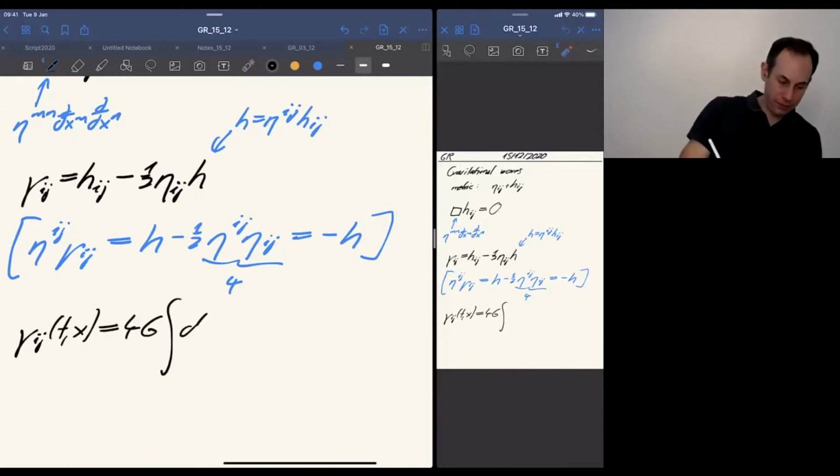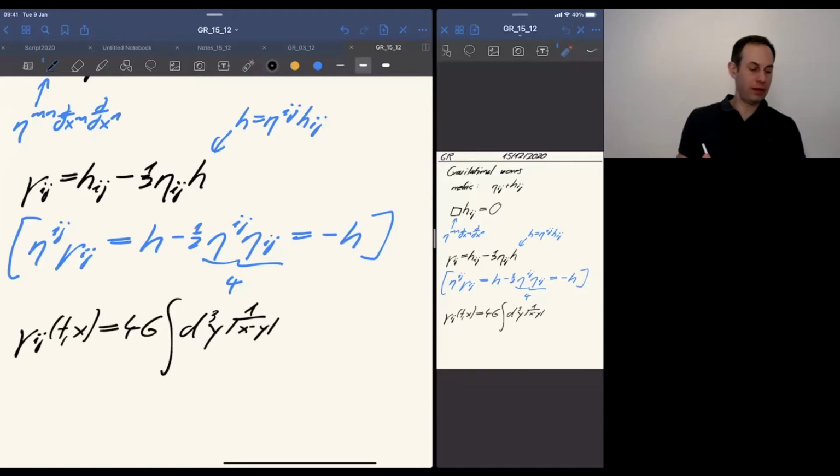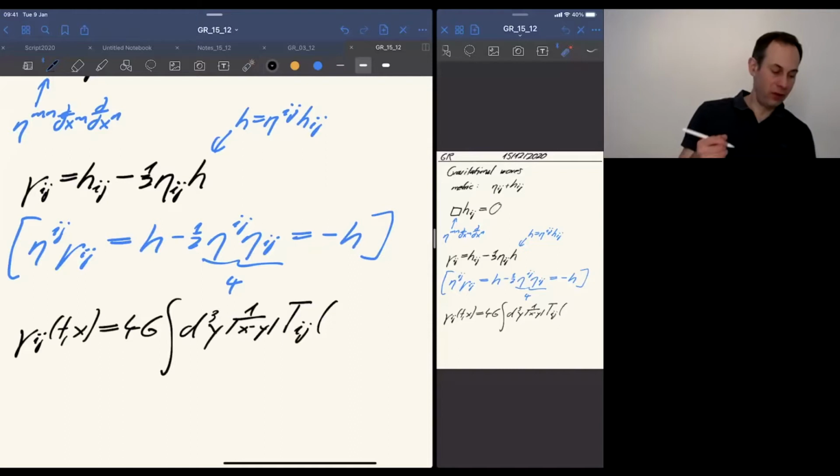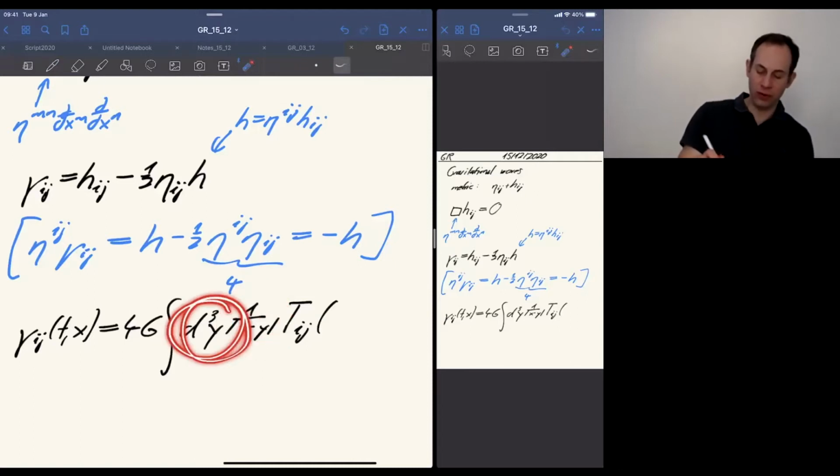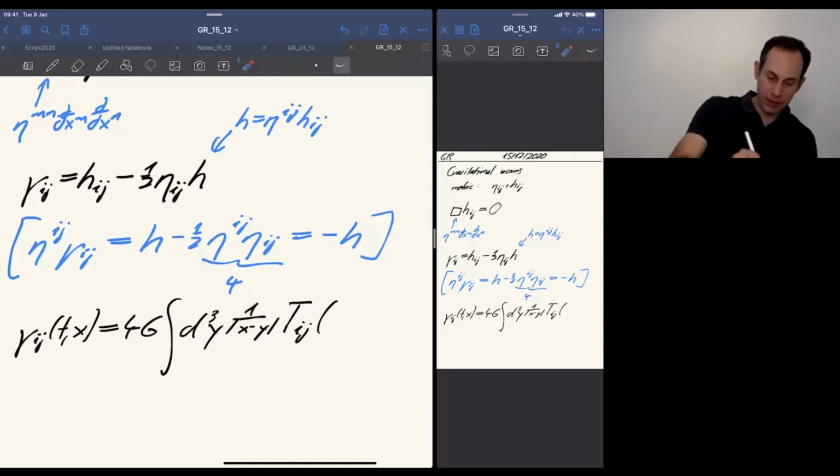You get an integral over something that decreases very fast, and then T_ij, this is the tensor, this is now the source itself. But remember, we are far away, so you should think of this term being very large, and I integrate over the region here of the source. So let me first write it down and then maybe give further explanations.